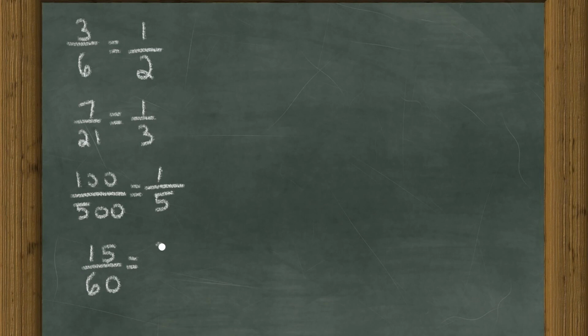So 15 divided by 5 is 3, and then 60 divided by 5 is 12. But looking at this, I know that this can be simplified because 3 is a shared greatest common factor between 12 and 3. So 3 divided by 3 is 1, and 12 divided by 3 is 4. So we took 2 steps, but we'll come up with the same answer.